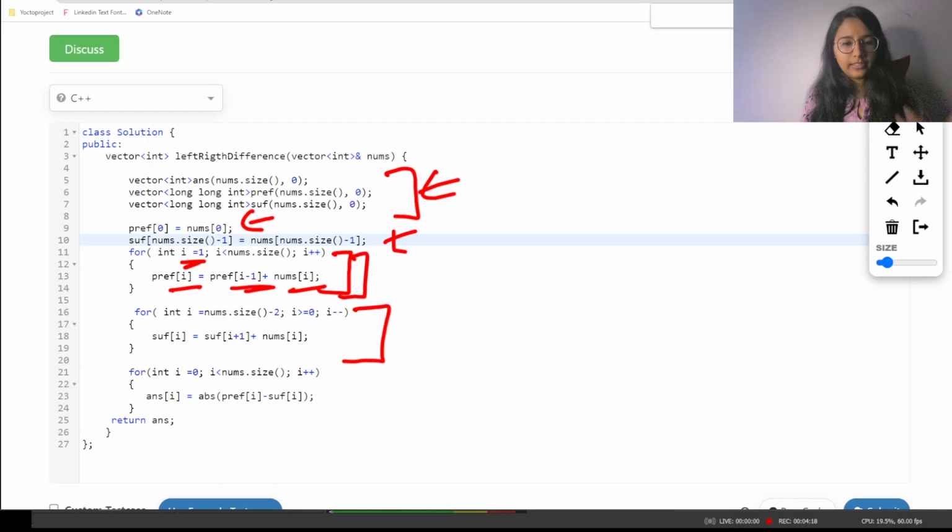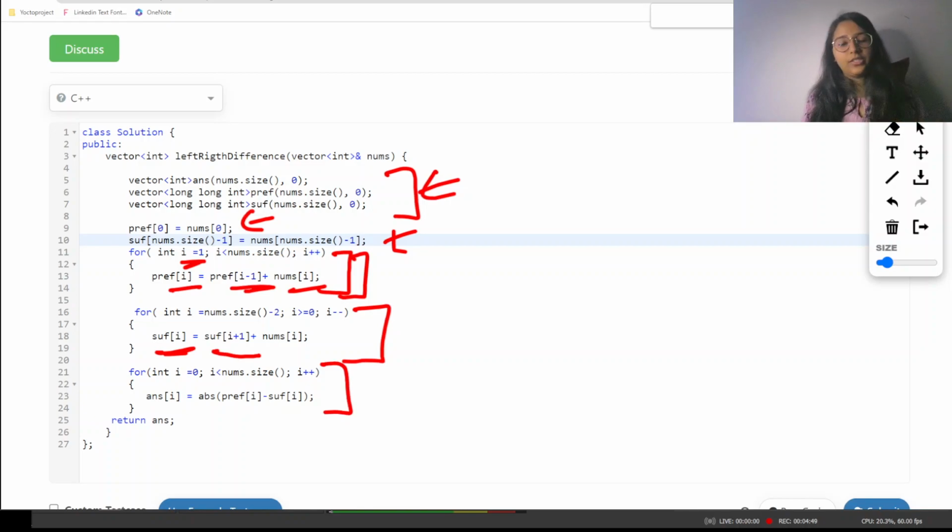Then goes the part for the suffix. For suffix, rather than starting from nums.size minus 1, I'm starting from minus 2, because nums.size minus 1 is already filled with the last element of my nums. So here I would be doing suffix[i] equals suffix[i+1], whatever element was next to my present element, plus my present element, and storing that at my present index.